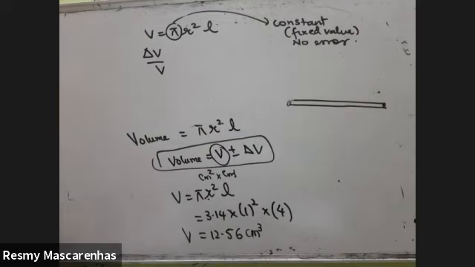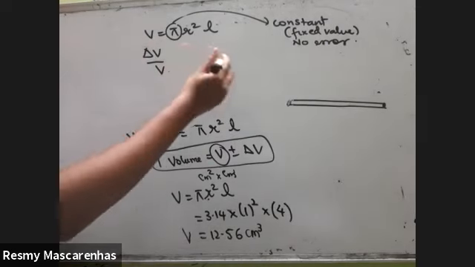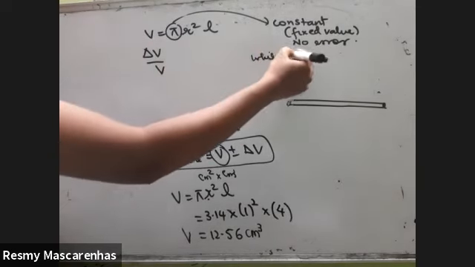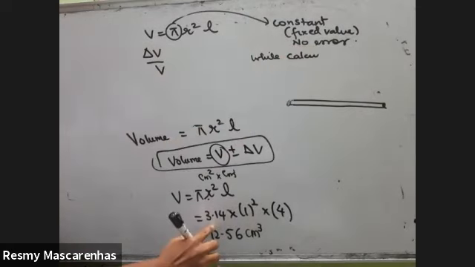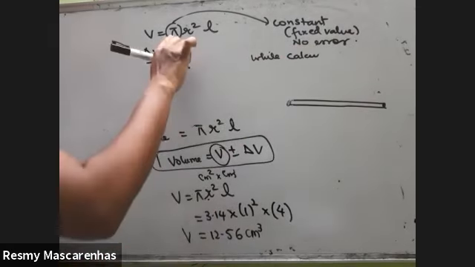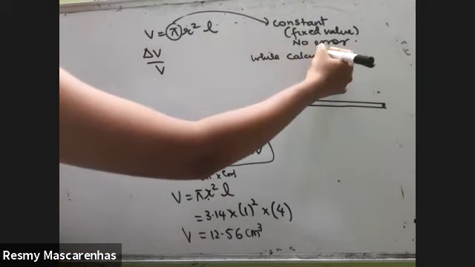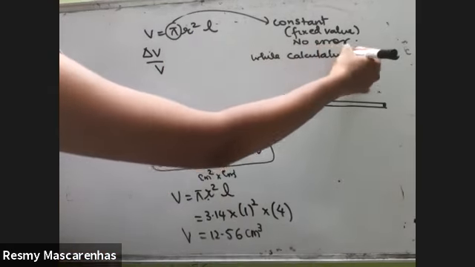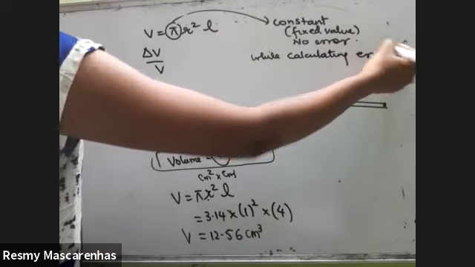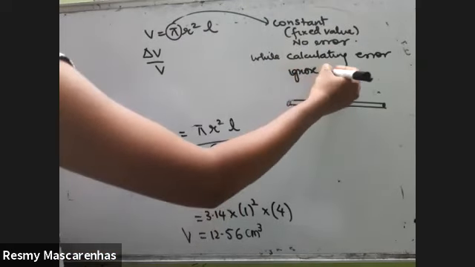The pure numbers or constants have to be avoided. While calculating error, you just have to ignore it. Not in the normal V, there you have to substitute it. Only while calculating error, ignore the constant.